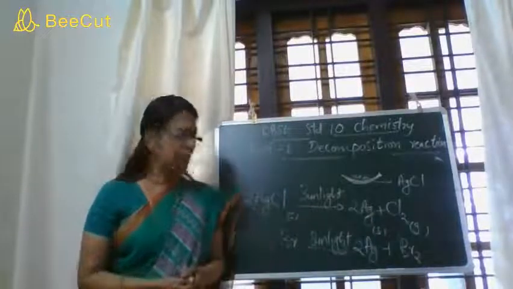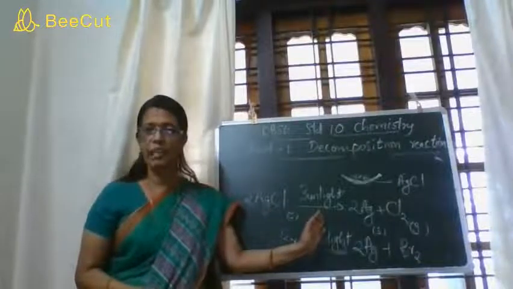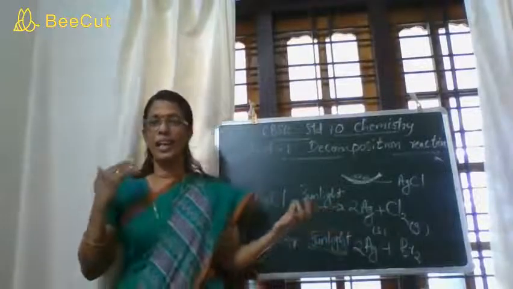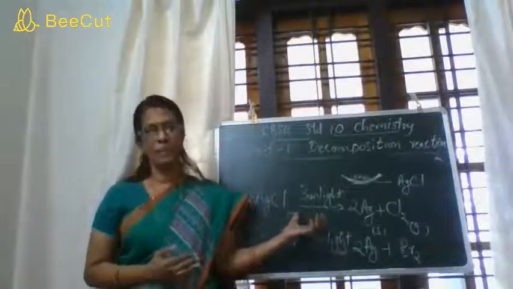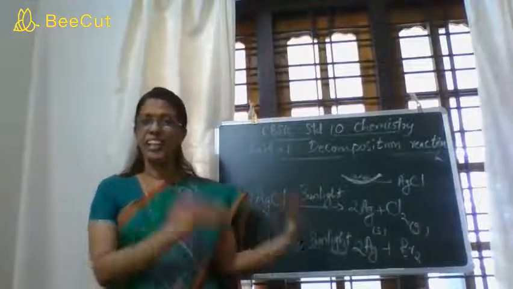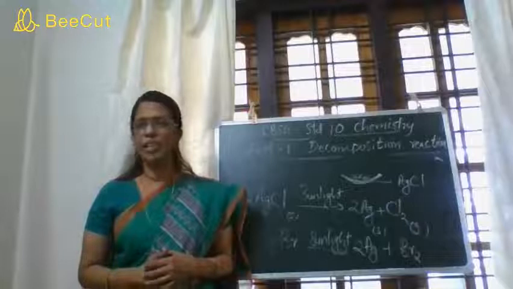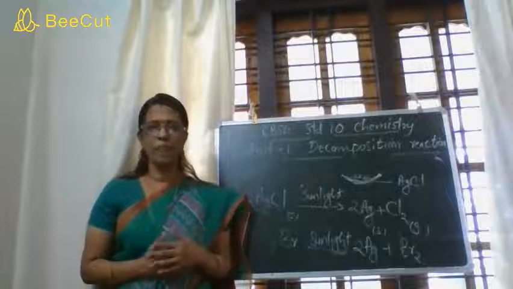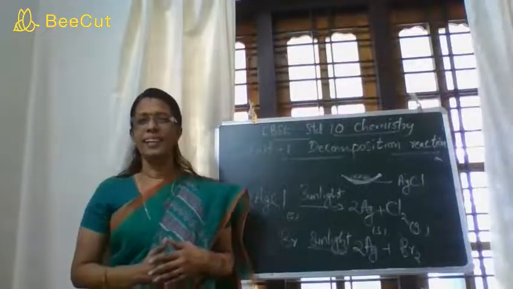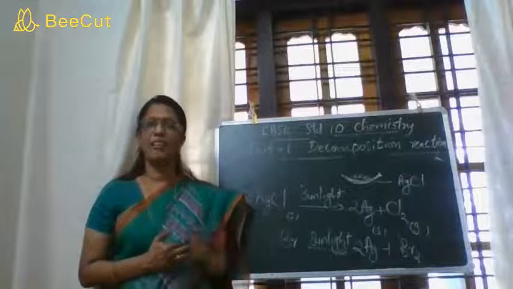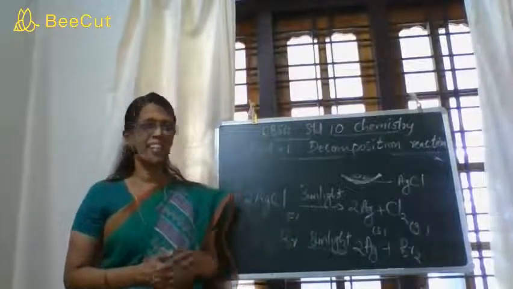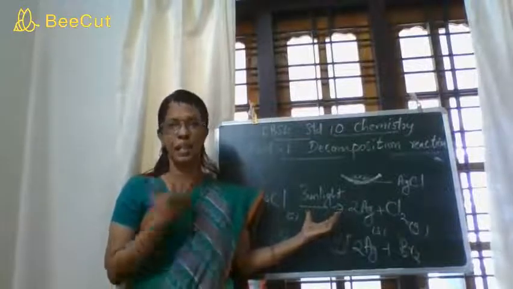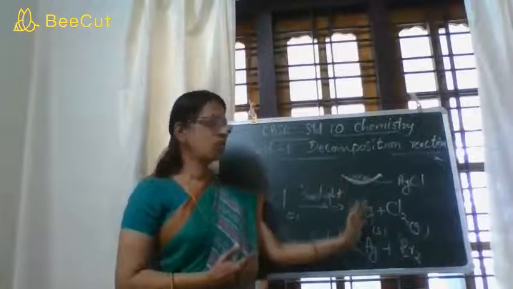That is because of the decomposition taking place with the help of sunlight, where light energy helps the decomposition reaction. We have seen a lot of decomposition examples: thermal decomposition, electrolytic decomposition where water splits into hydrogen and oxygen, and this photochemical reaction in which light energy brings about the decomposition.